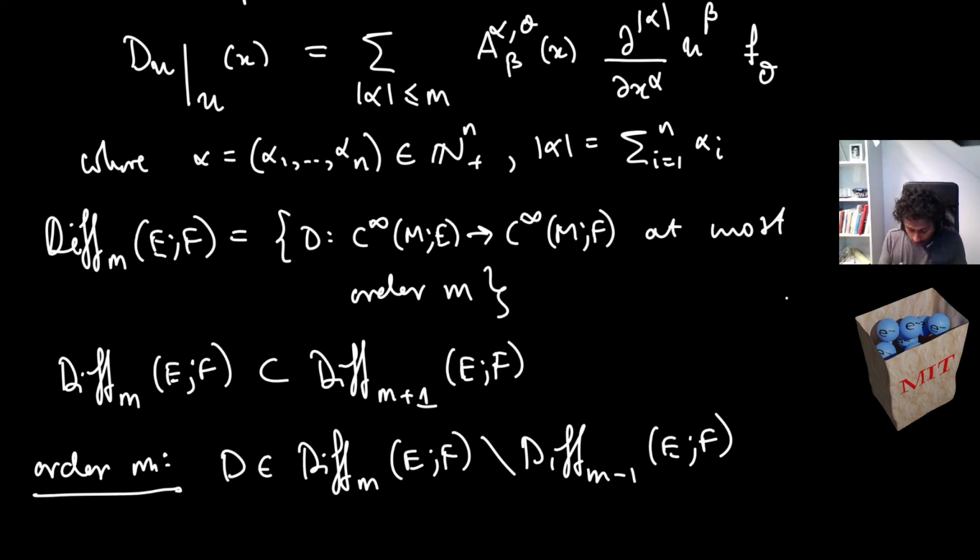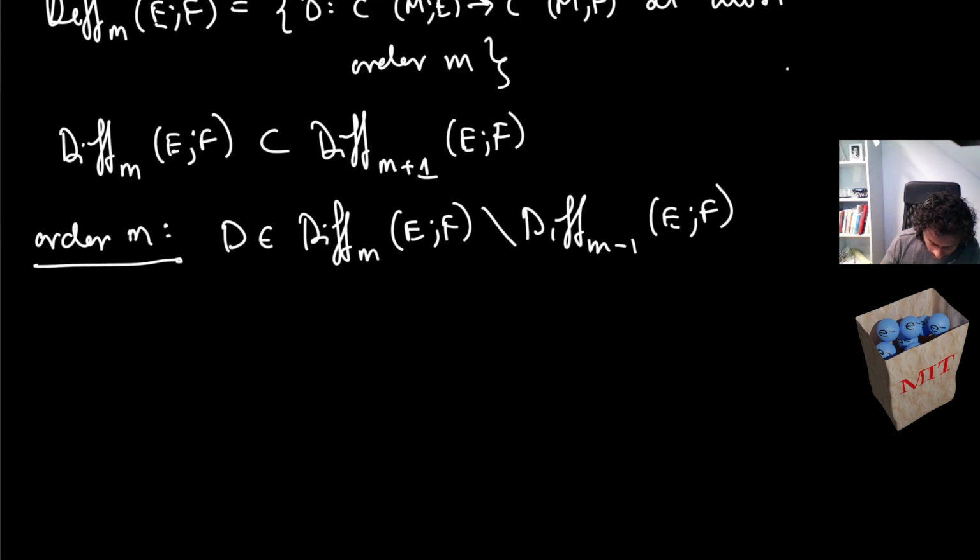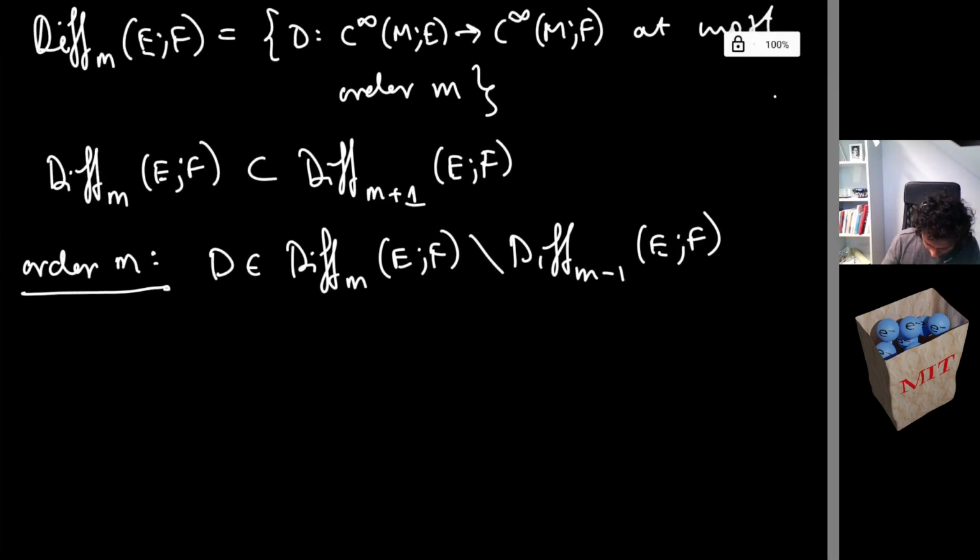For modulus alpha equal to M. But we'll touch on that a bit later. So all this is doing is just really formalizing what we mean by a differential operator of order M. Okay.